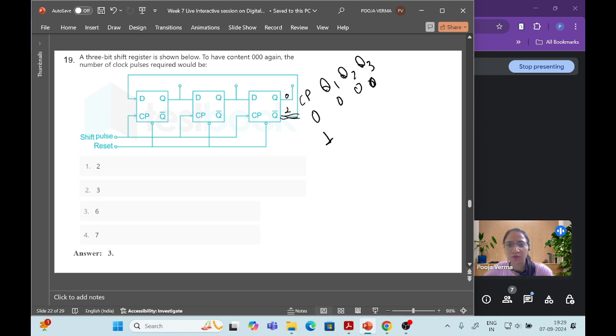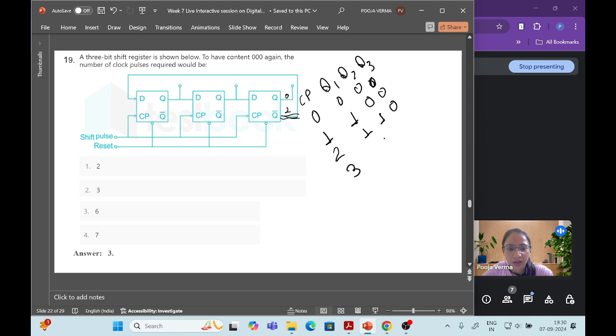Already we have solved one problem like this in the previous one. So that 1 will be given to the input of the first flip-flop. So the output of Q1 we can take as 1, and now shift to the next. The next flip-flop is 0, so again it will convert to 1. So 1, 1, 0, right?